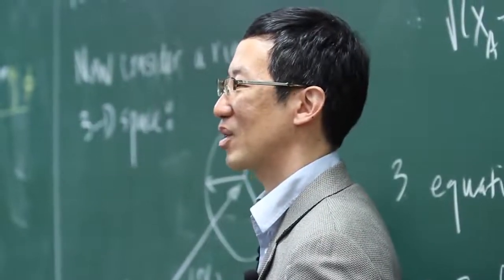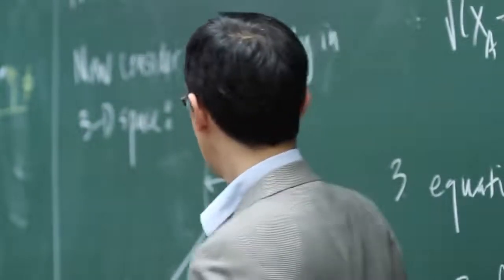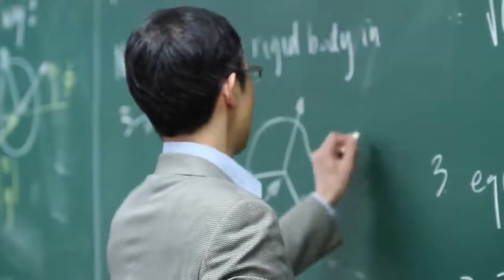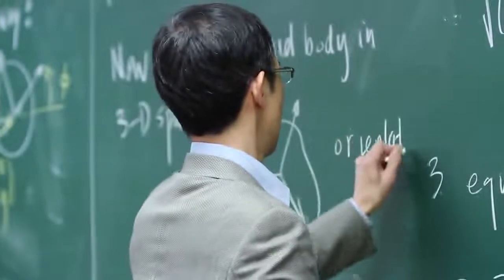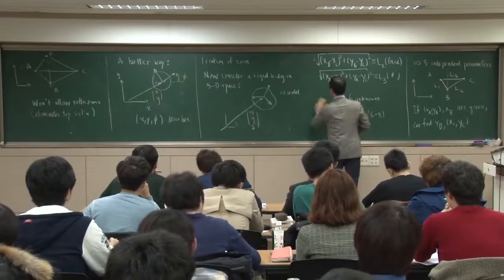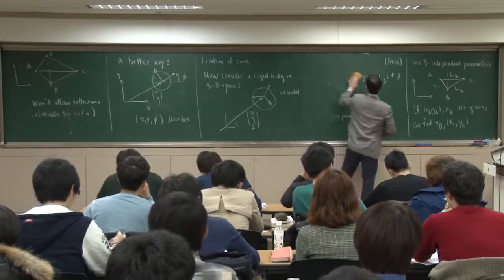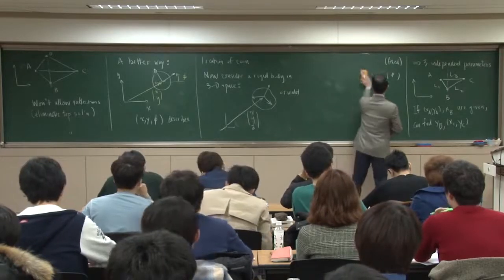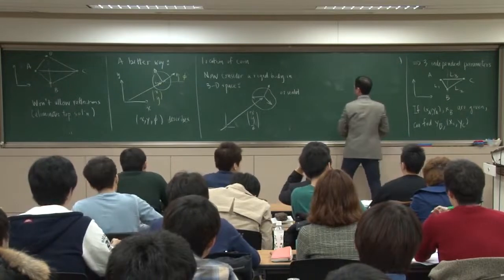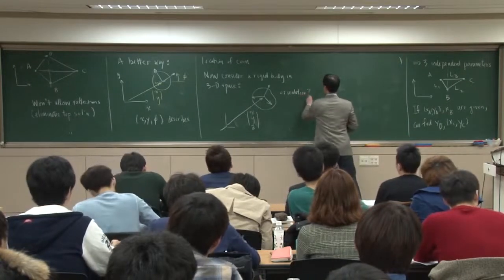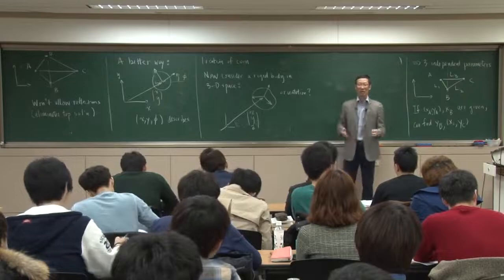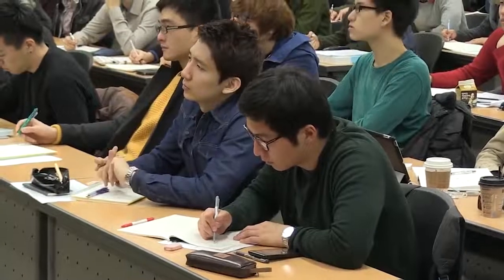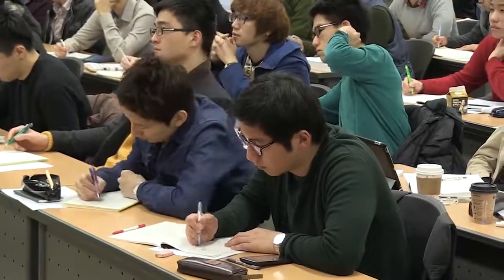How many numbers do we need here? So orientation. What do we do here? Well, first of all, how many coordinates do we need?